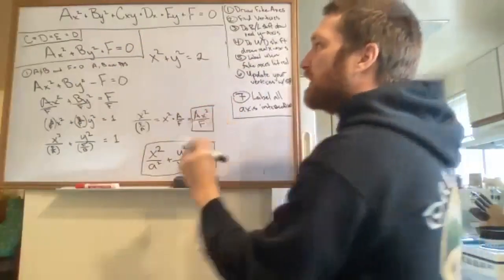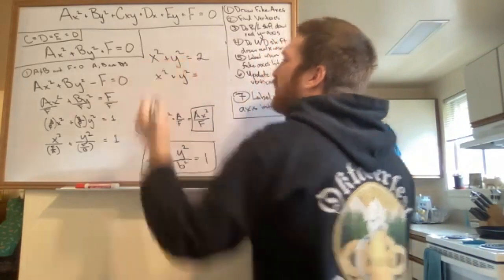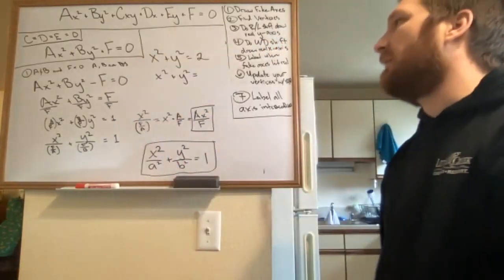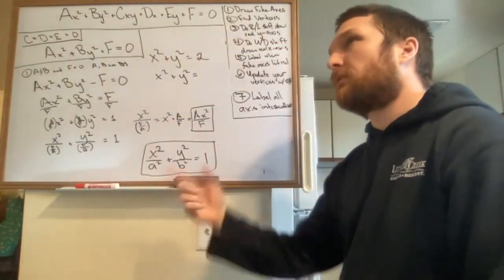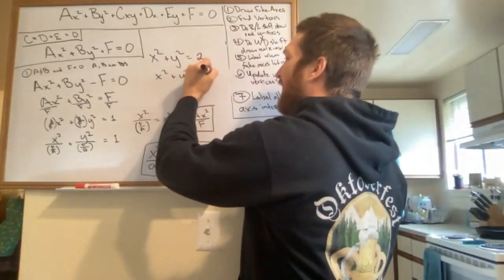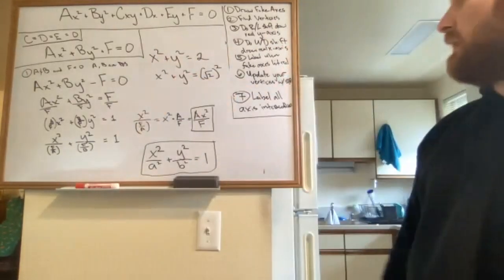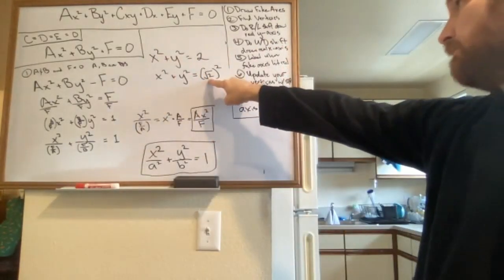Why would I do that? To make my life easier, rather than looking at that and going, what's the radius of that, and then having to work out the square root of 2, I could just write it that way. And now it's obvious. What's the radius of that guy? Whatever's in there, square root of 2.